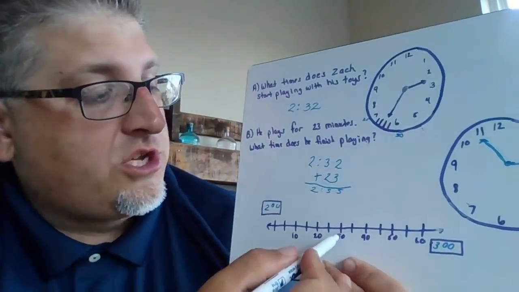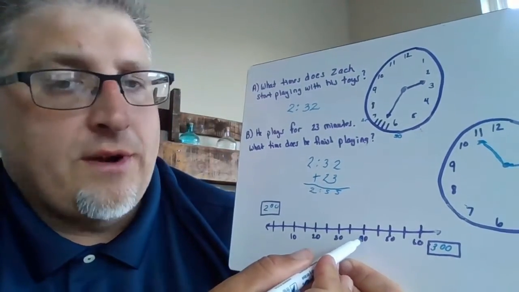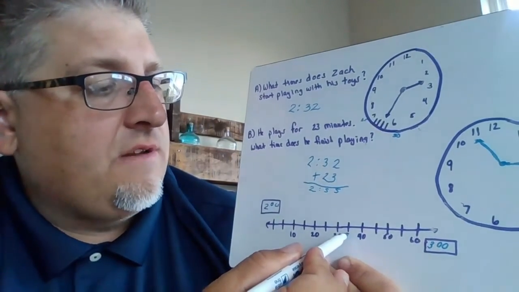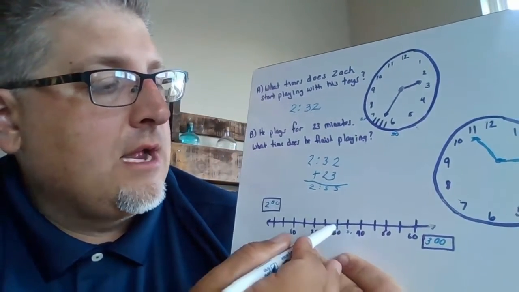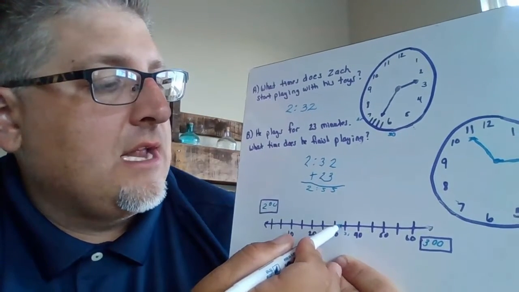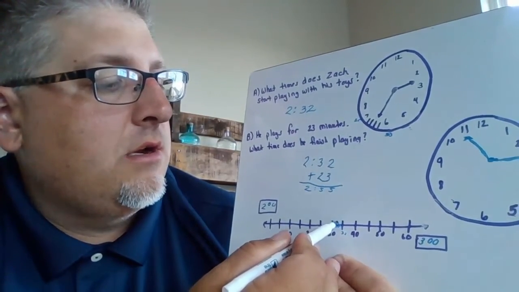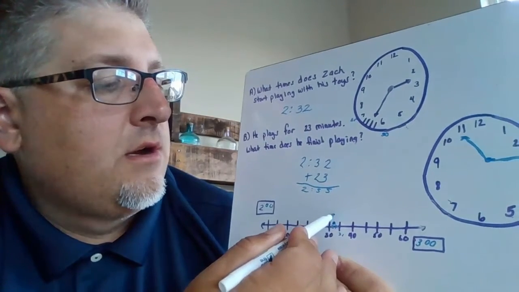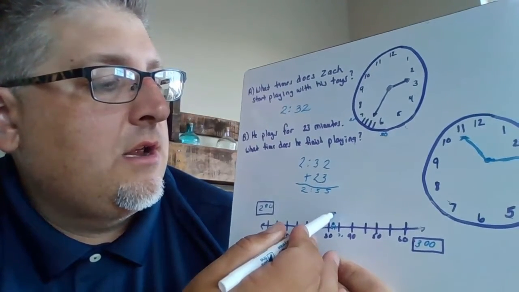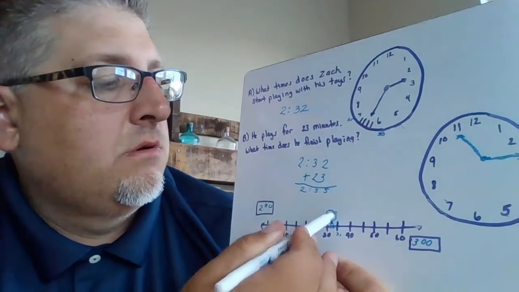So there's 2. We know there's 30 right there, and that's 40 right there. This in between is 35. And we know that there's some tick marks in there. So 2:32 is going to be right around there.